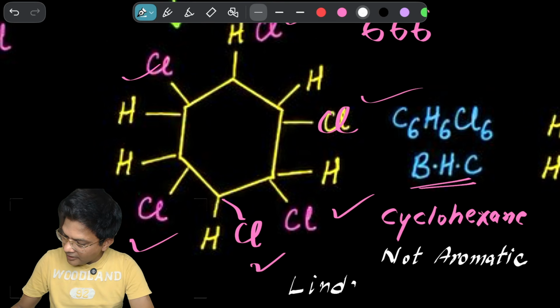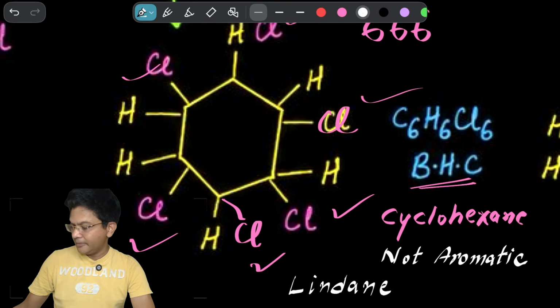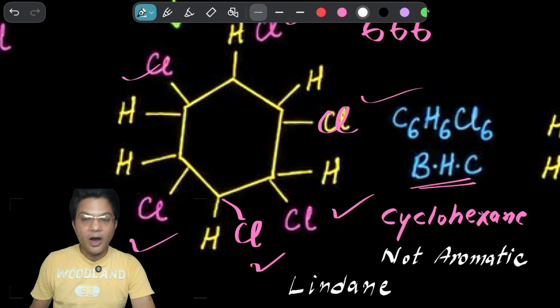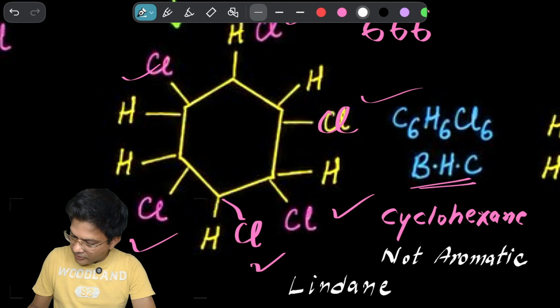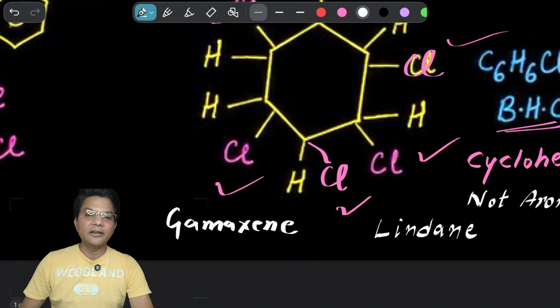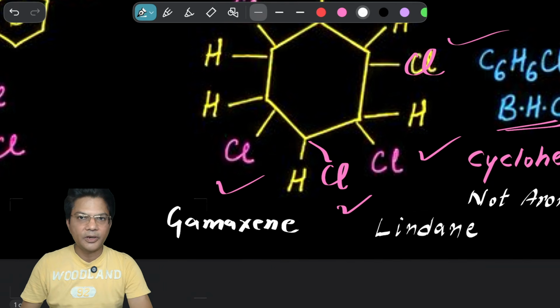There is gas indane, but this is lindane. One more name is Gammaxene powder. Farmers are using it as Gammaxene powder, and it has very good use as an insecticide. But remember, it's not aromatic.